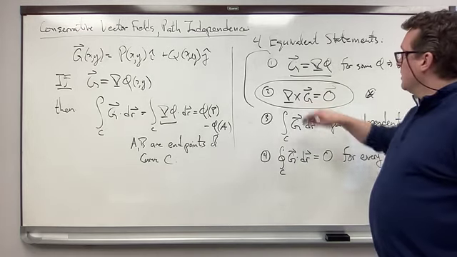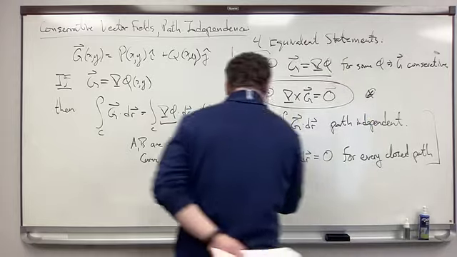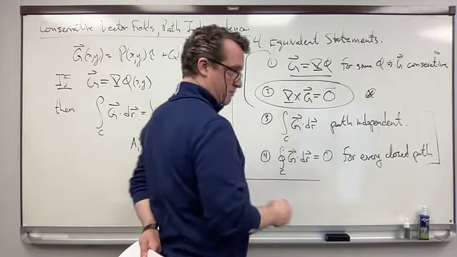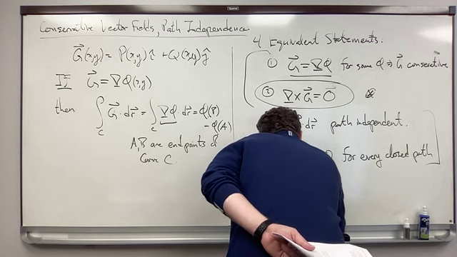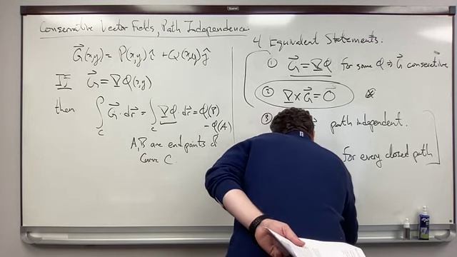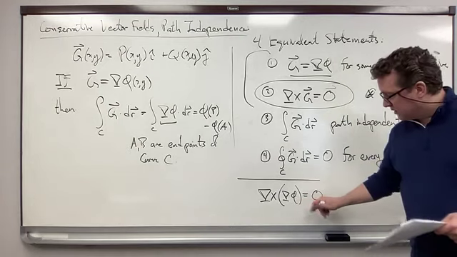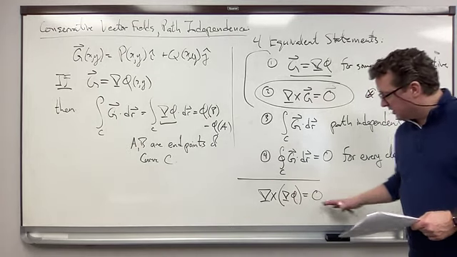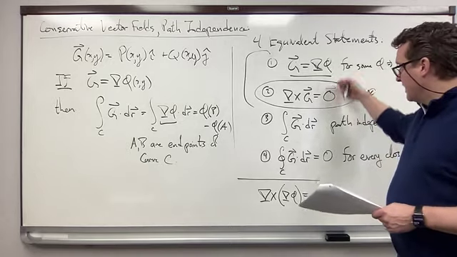The curl of G being 0, we noted before, we didn't prove it, but you can prove just mathematically that the curl of any gradient is always 0. You could expand this out for an arbitrary function phi, work this all out, and you'll find that it must be 0. So these two are mathematically the same.